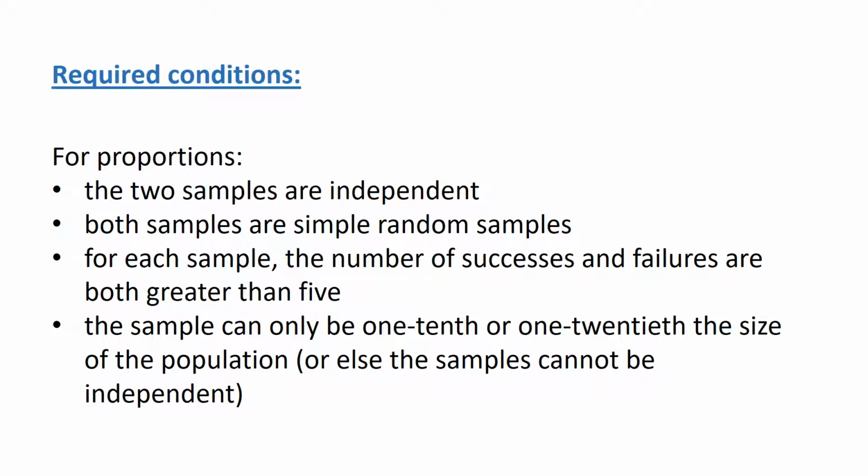If we take out too much of the population in our sample, then we don't have the same probability of success because we've changed the proportion depending on what our sample makeup is. So our sample can only be a tiny fraction, 1/10 or 1/20th of the entire population.